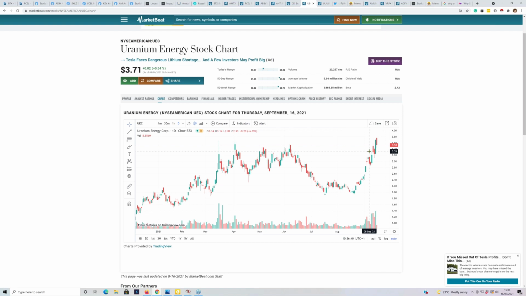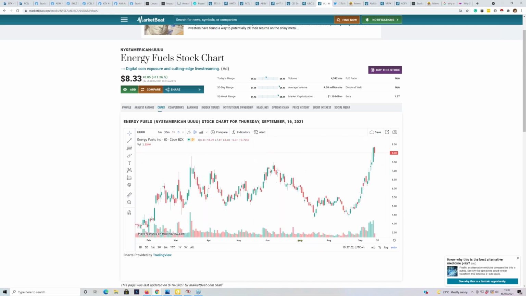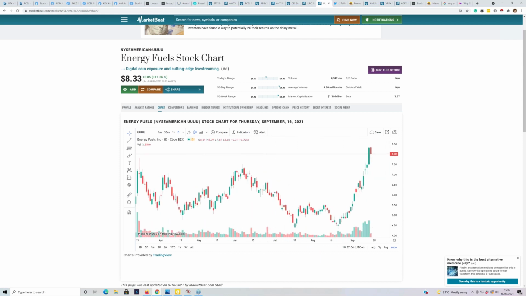But it looks like with uranium stocks there's some profit taking coming in, and this is the one that, as I said, is very similar to the previous one, where I saw this double bottom here. You've got a support up here, and again you've got this rise in volume coming up. And also we have a very nice little hammer candle here, can you see, with lots and lots of volume underneath it.